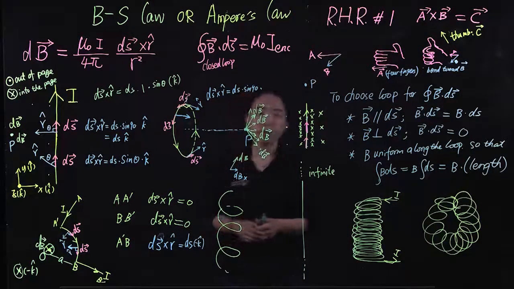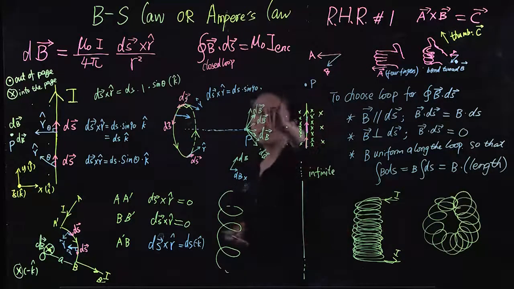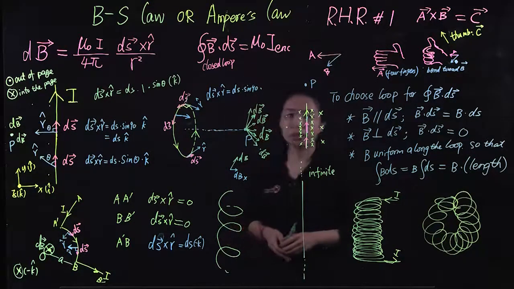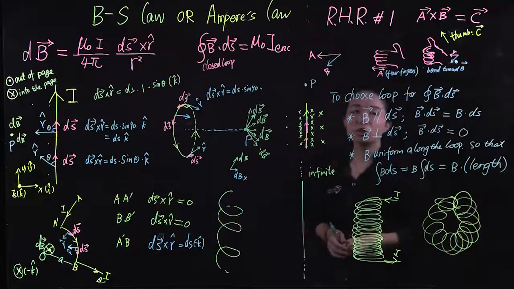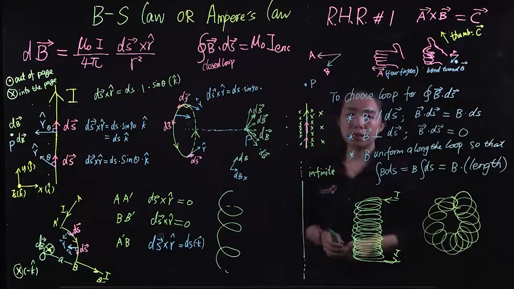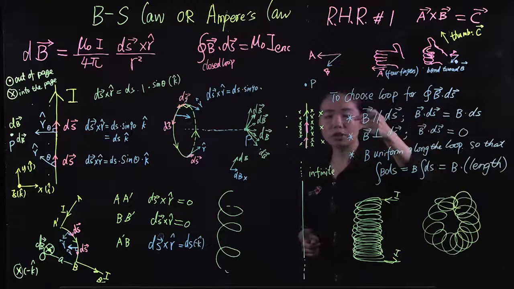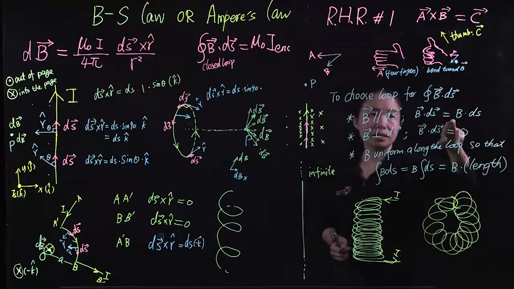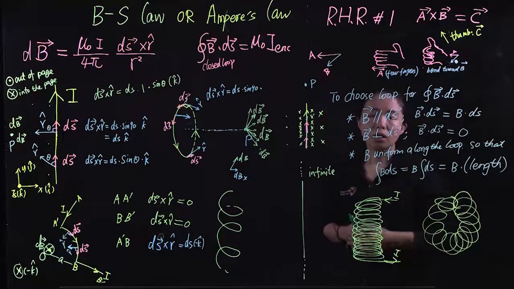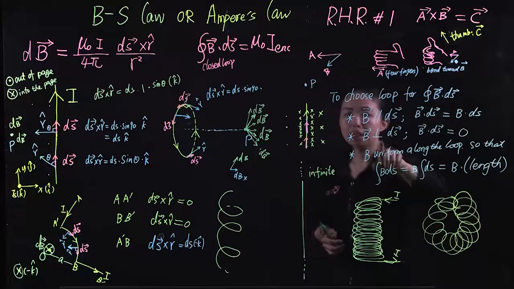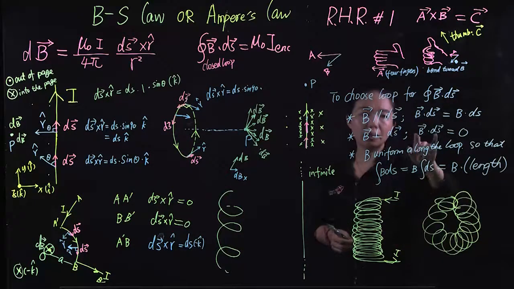So we also know that in order to make this easy for calculation, to make it really useful, we should choose the loop in a smart way, which means we want, for example, the B field to be parallel to the loop path. If B is parallel to the direction of your loop, B dot ds is simply equal to the B value multiplied by the small segment ds. Or if B is perpendicular to your loop, then the dot product B dot ds equals 0.